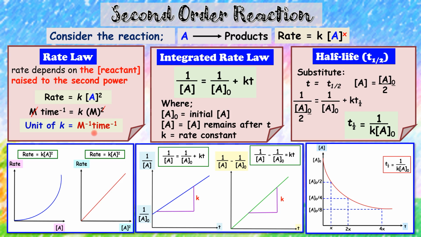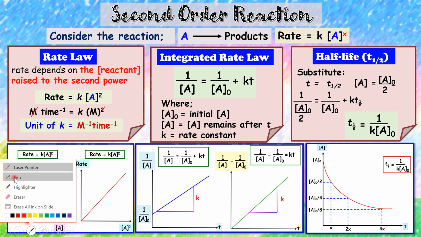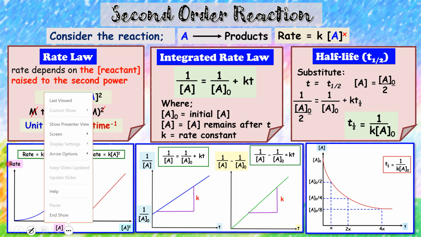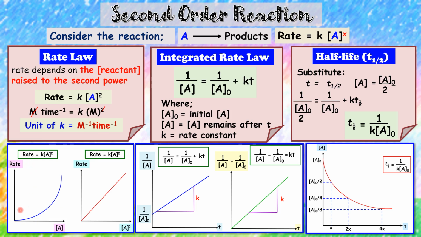For second order, when we plot graphs of the rate law, usually we get two kinds of graph. The first graph is rate versus concentration of A. We get a curved graph.